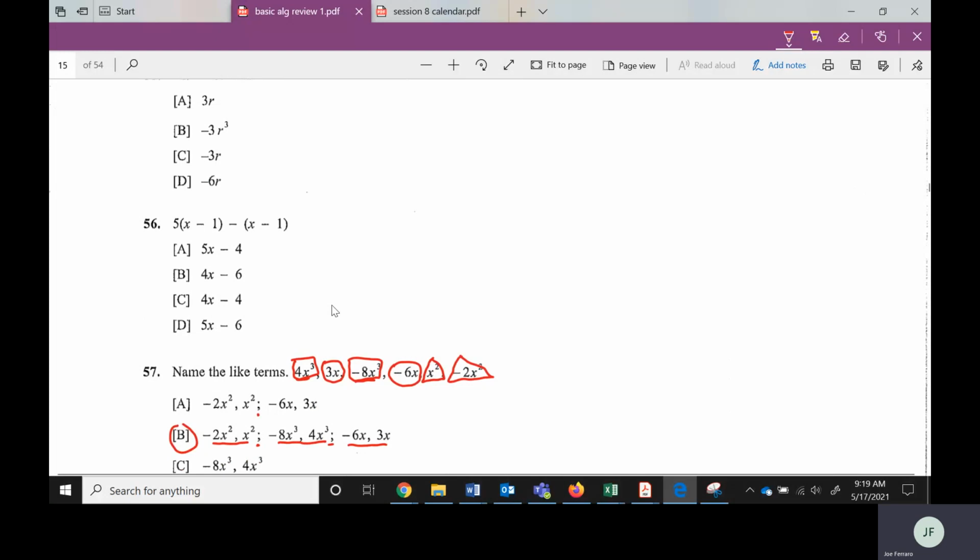Last one, 56. Okay. This one can be a little tricky one. We have a number next to parentheses. Okay, so we know we're going to do this. Then here you might look at this and say, okay, there's no number, so this just is the same.